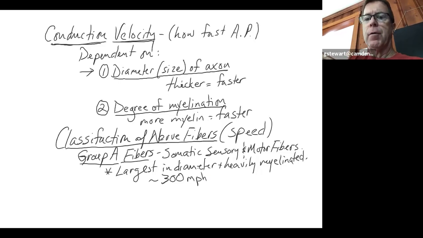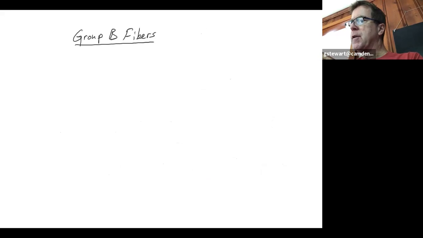That's group A fibers. I'm going to go to a new page and just write group B. These tend to be smaller in diameter than group A, and also lightly myelinated.